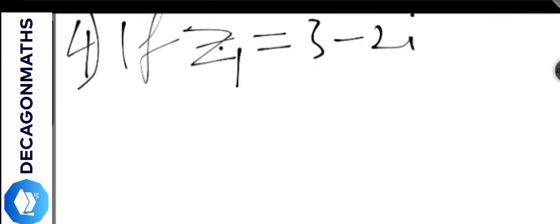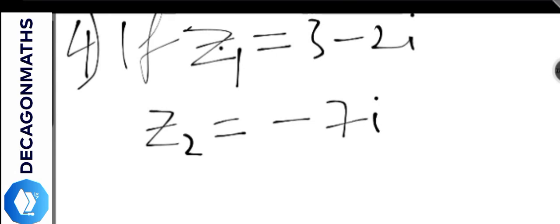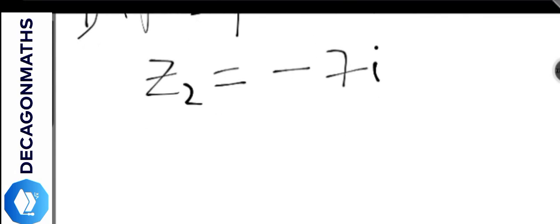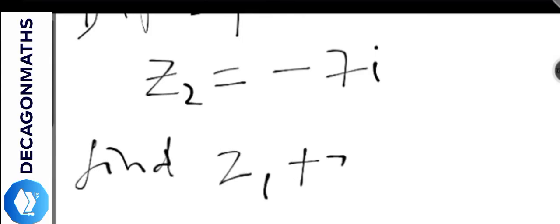Now let's move on to the last example, which is number 4. If z1 is equal to 3 minus 2i, and z2 equals minus 7i, we have to find the conjugate of z1 plus z2.